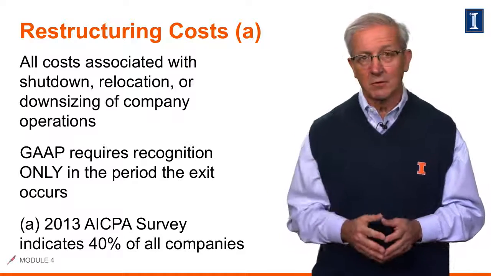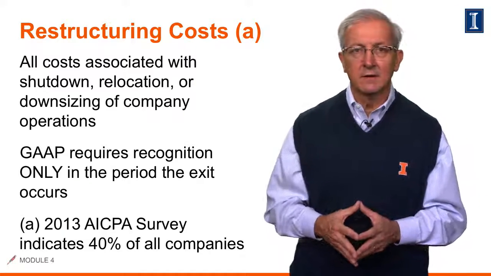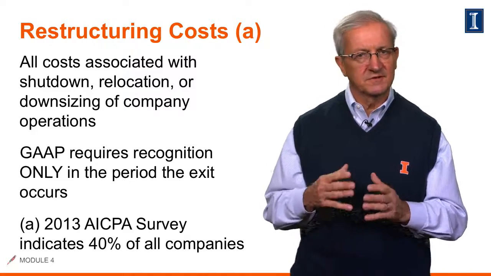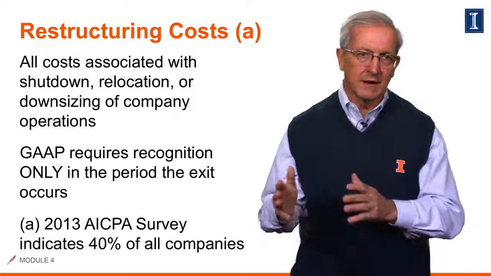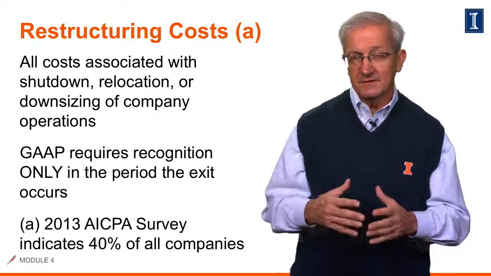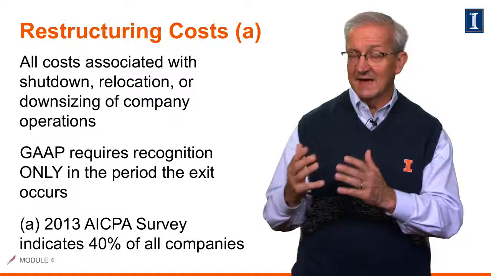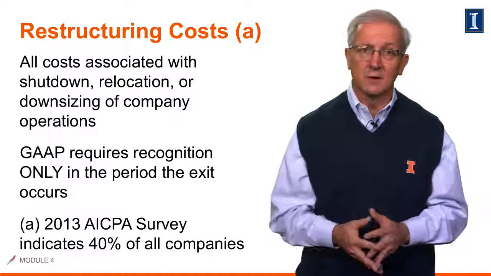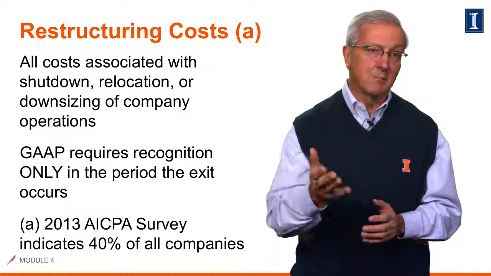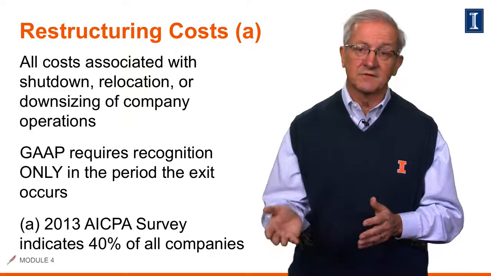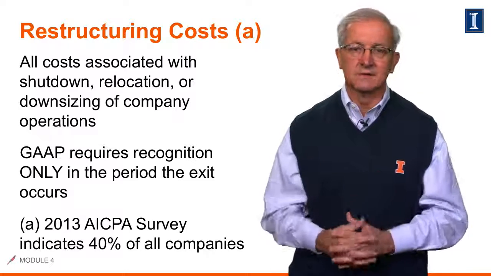So for example, way back in 1991, Hershey Entertainment Resorts went through a severe downsizing situation where we got out of some operations. We basically had a very significant severance cost related to the downsizing of operations and putting some people out of work. We had to recognize that multi-million-dollar cost in 1991 when we made that decision.